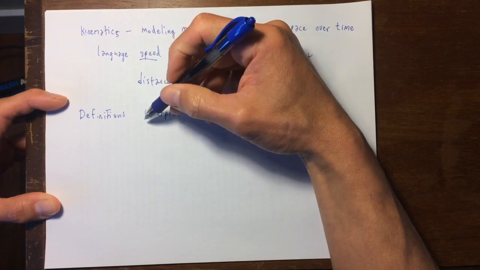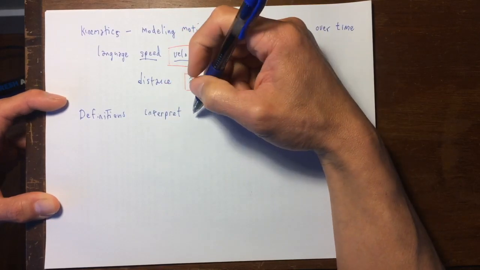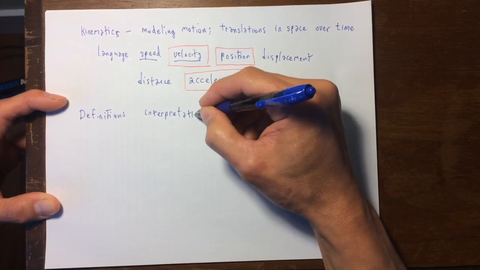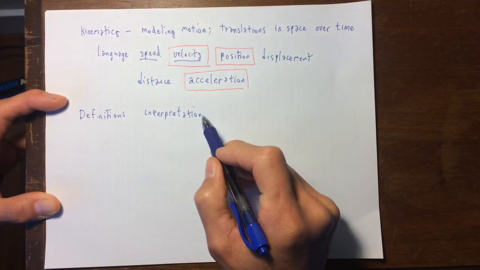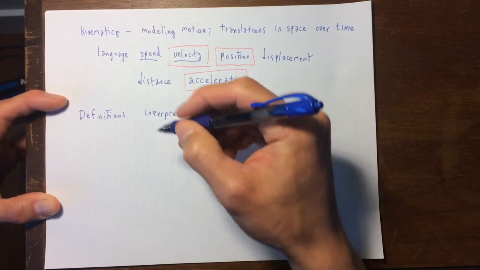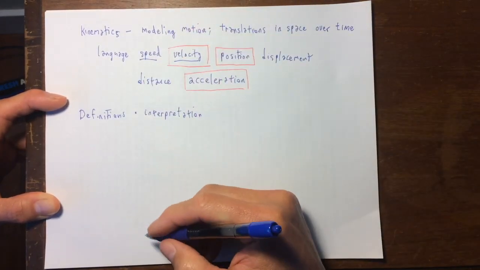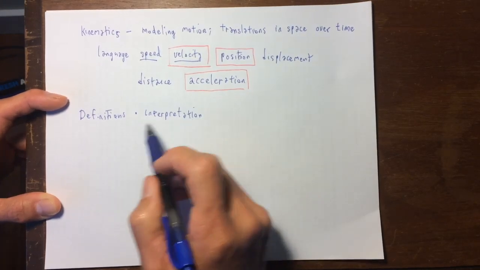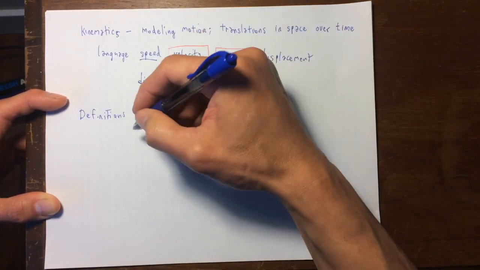So what's the physical interpretation of a mathematical statement? For the most part, interpretation is going to be obvious, quite honestly. So interpretation is one aspect of defining these things.